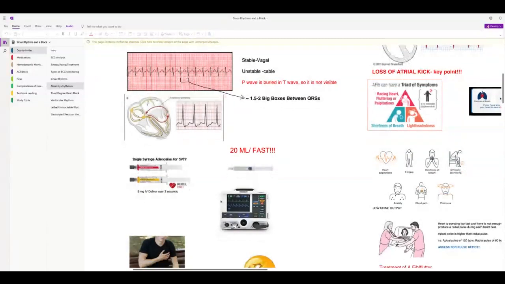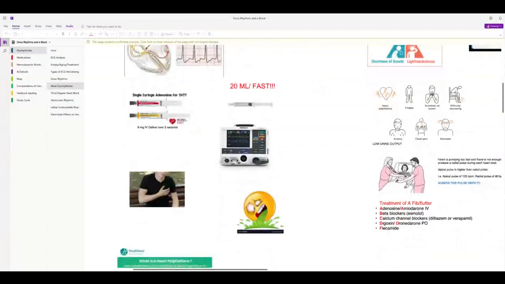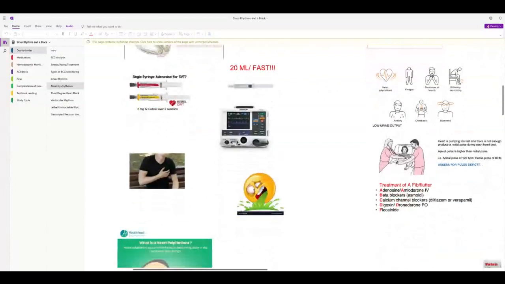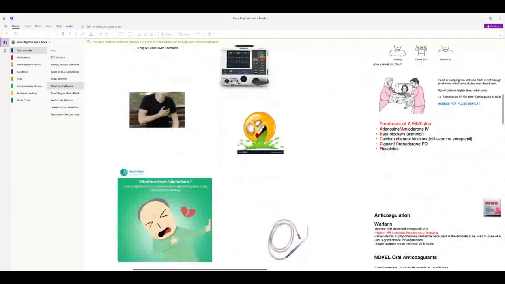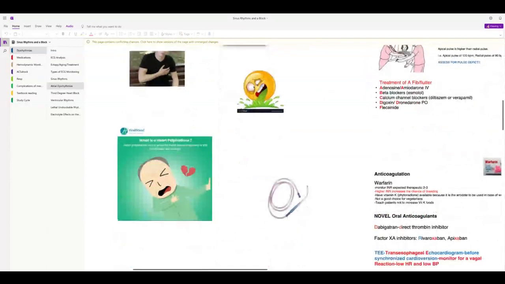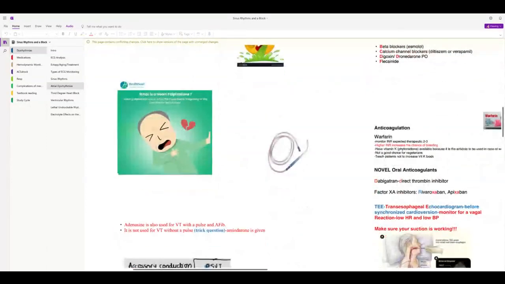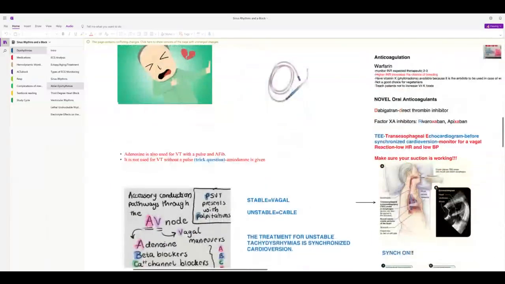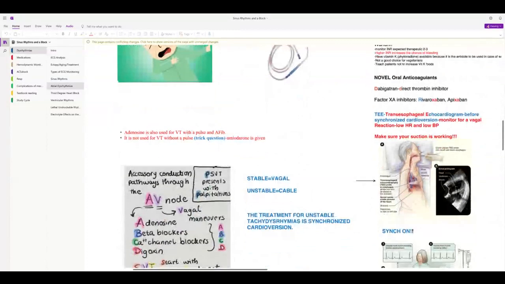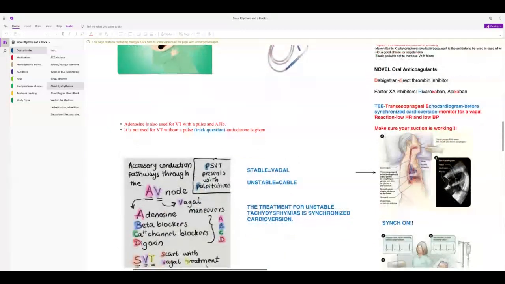They may have chest pain. They may vomit when they're getting their adenosine. Make sure you have suction ready. If they're going to vomit, you turn the patient on the side. Okay. So remember, tachydysrhythmias that are unstable are treated with cardioversion.